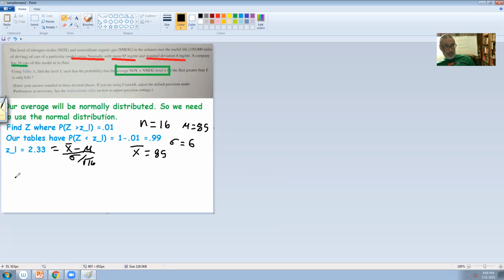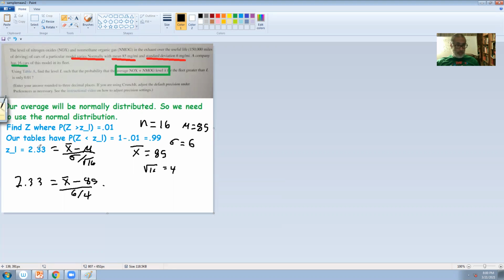So now we know that 2.33 is equal to x bar minus 85, divided by 6 divided by the square root of 16. Let's do that one. That's 4. 6 divided by 4, which is 3/2.